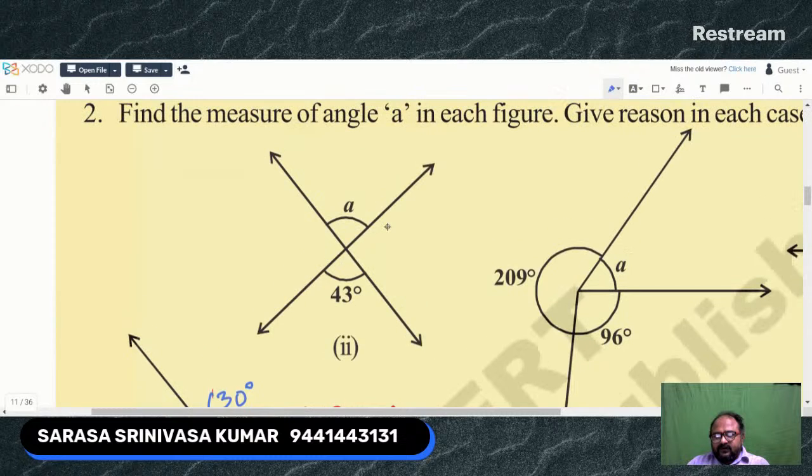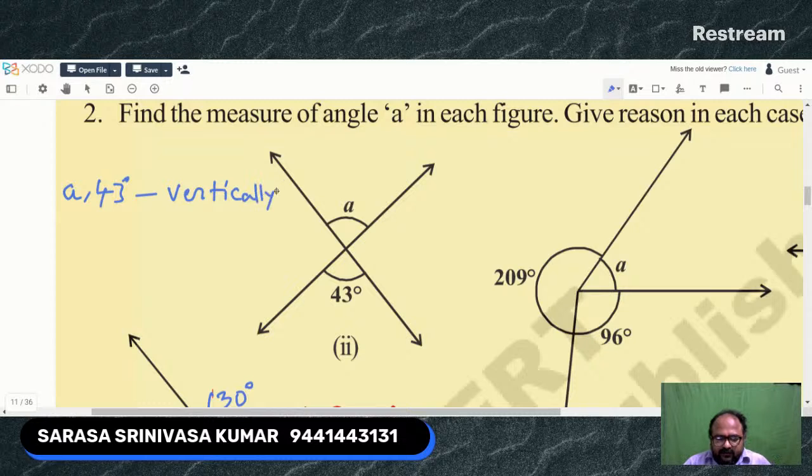Now, let us consider problem 2. Here, angle A and angle 43, these are vertically opposite angles. Can you say that A and 43 degrees are vertically opposite angles?